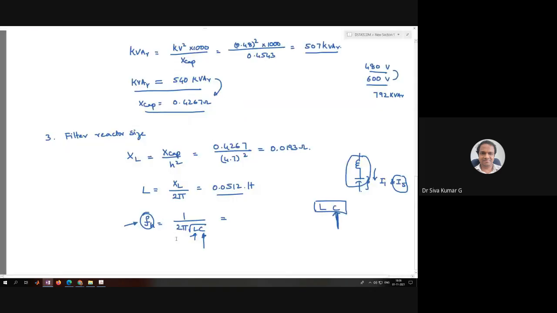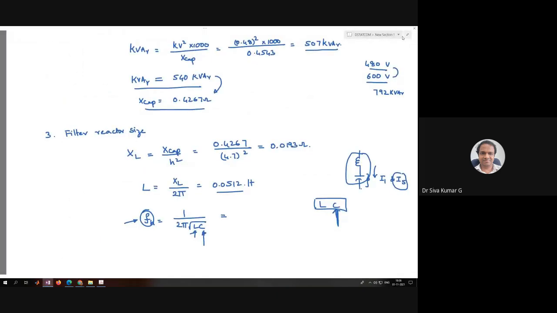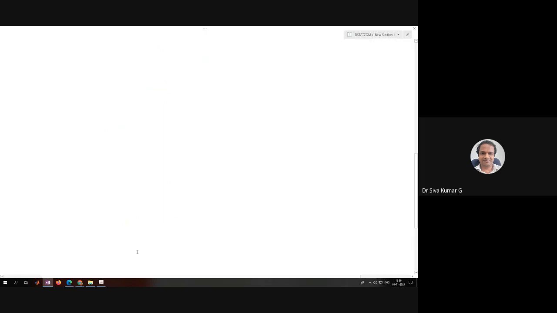In order to verify these duties, we need to evaluate the fifth harmonic current which is going to flow. The fundamental duties also need to be evaluated: how much fundamental current is flowing and how much fifth harmonic current is flowing.